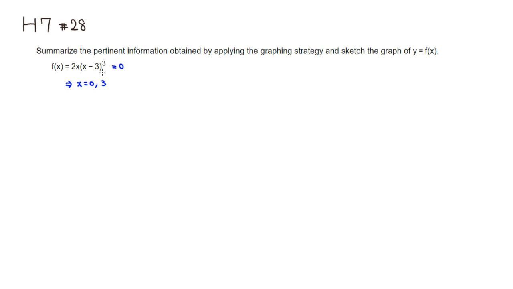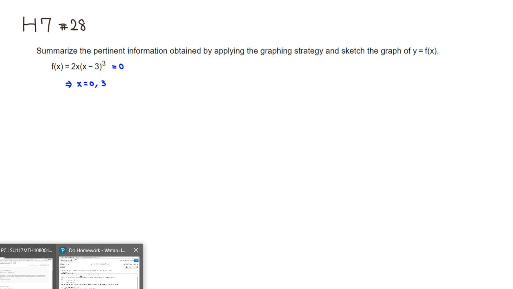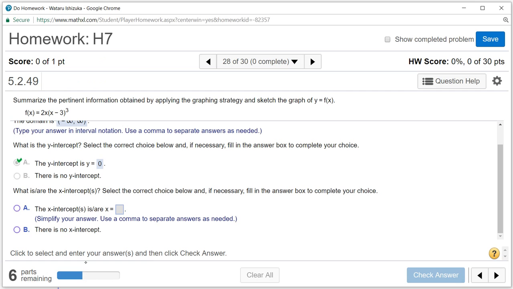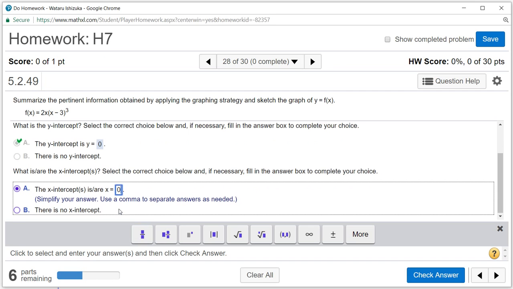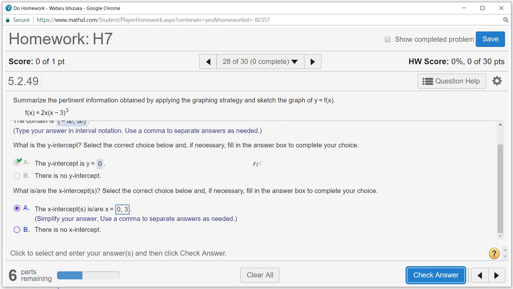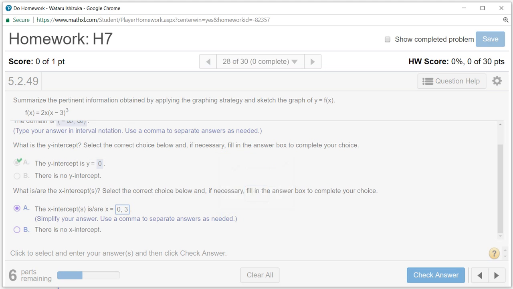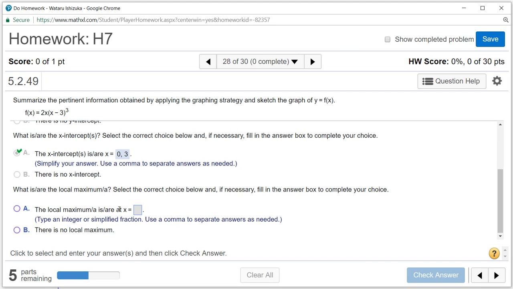So it's just a 0 and a 3. Let's type it in: 0, 3. Let's check the answer. We got that.